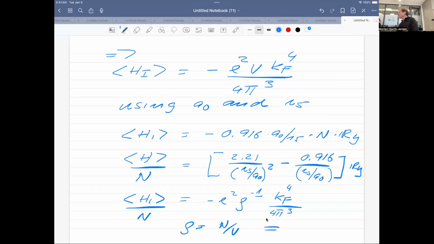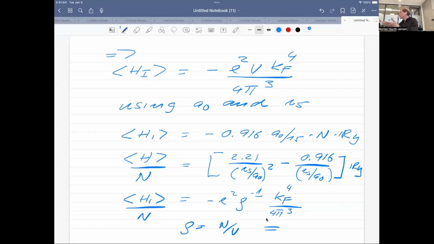Another system which is similar to this one would be the nuclear matter, which you have in a neutron star. And a typical estimation for a neutron star is that you have 10 to the 57 neutrons and protons. And 10 to the 57 is something which we can safely assume is infinity. So if you were to calculate the total energy, you would actually have something which multiplies with the number of particles.